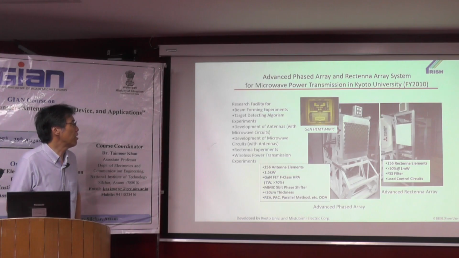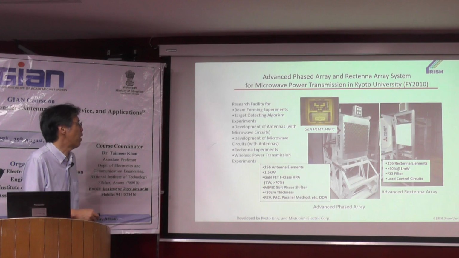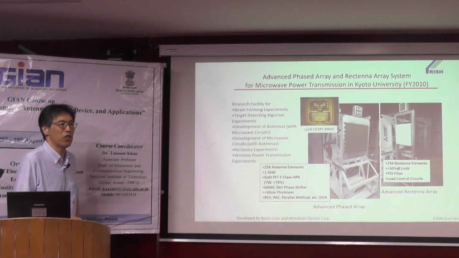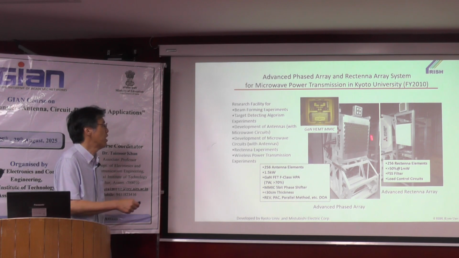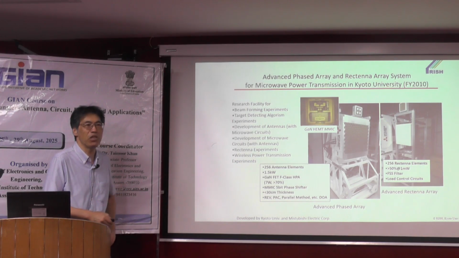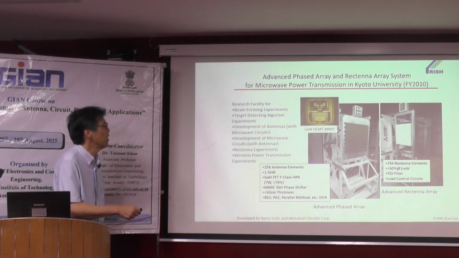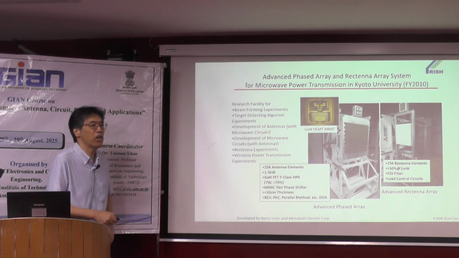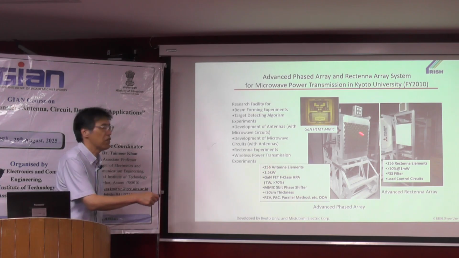About 15 years ago, we, Kyoto University, got a very huge budget to develop gallium nitride semiconductors themselves. With the help of Mitsubishi Electric, who could develop a good gallium nitride semiconductor, we could develop this phased array antenna with newly developed gallium nitride MMIC. The frequency was 5.8 gigahertz, and we installed 256 antennas here.